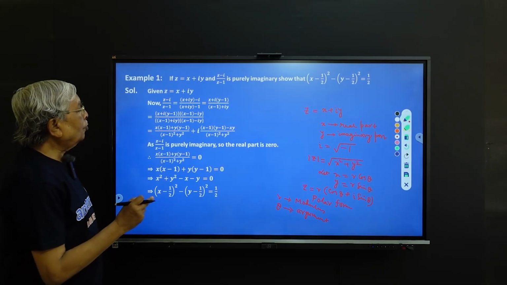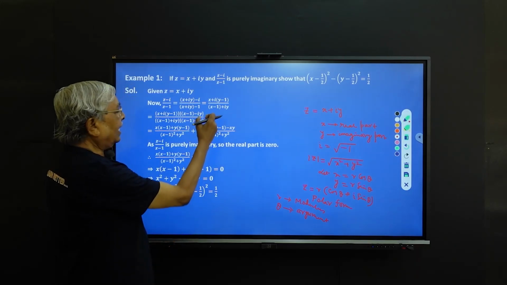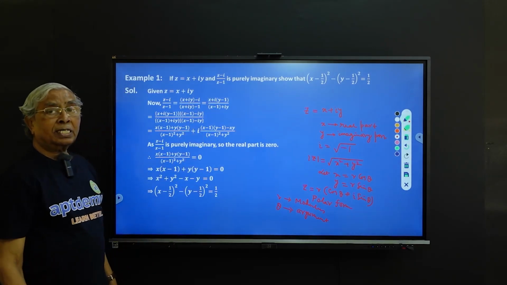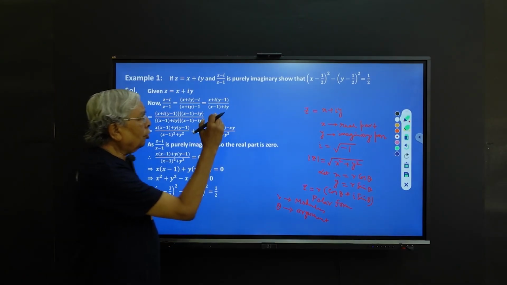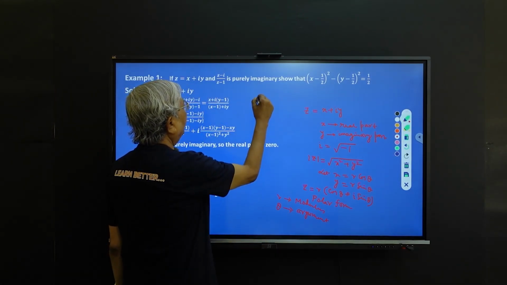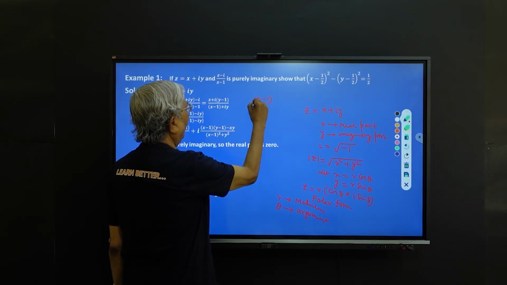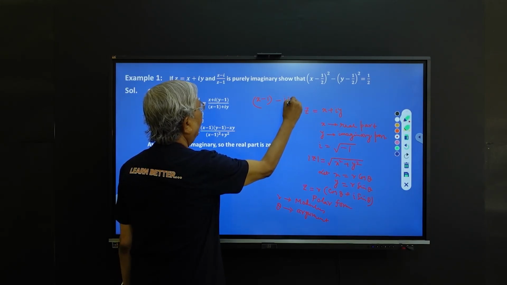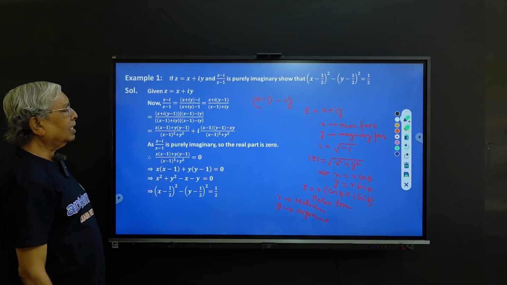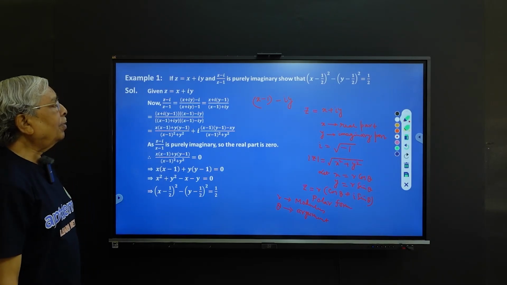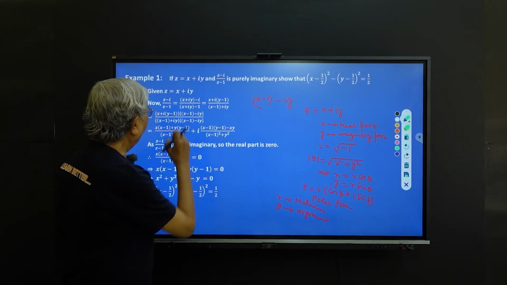So if I want to put it in the form a plus ib or x plus iy, rationalize this. In the denominator you have x minus 1 plus iy, so you multiply numerator and denominator by the conjugate factor, that is x minus 1 minus iy.